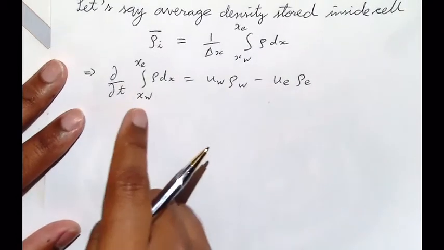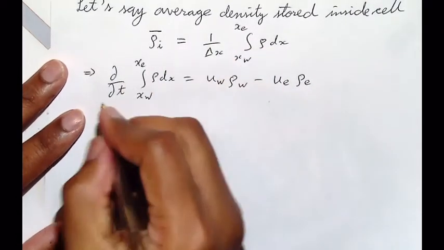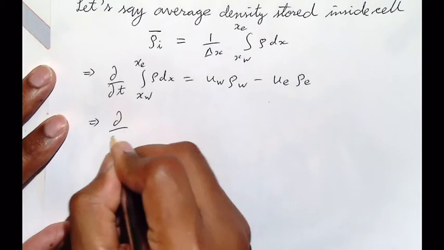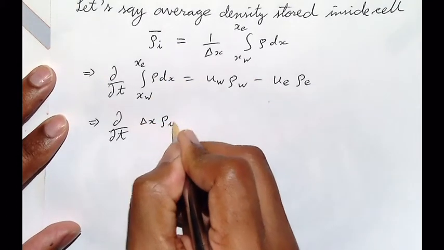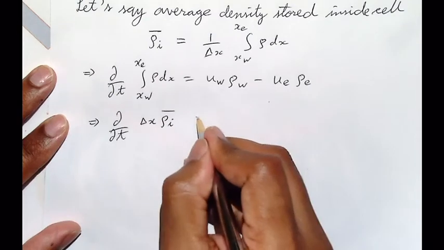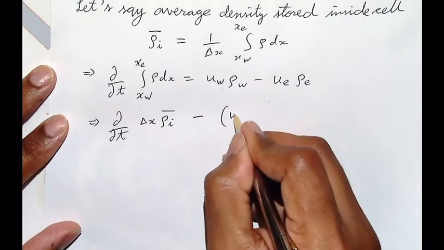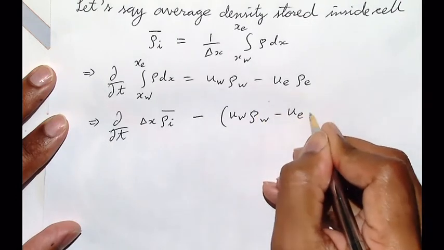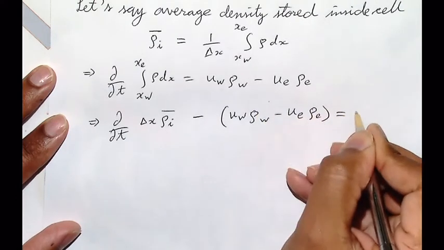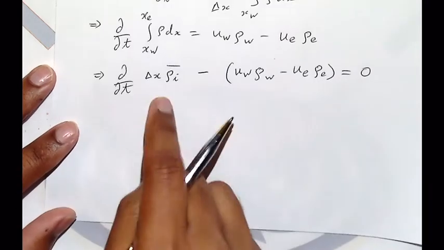Using this, I can replace this as del by del t of delta x rho I bar, minus u west rho west minus u east rho east, equal 0. What does this give me?